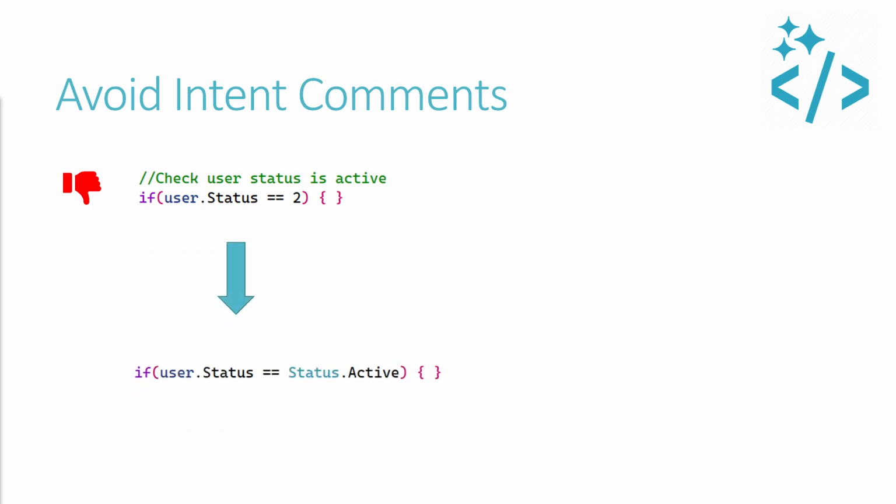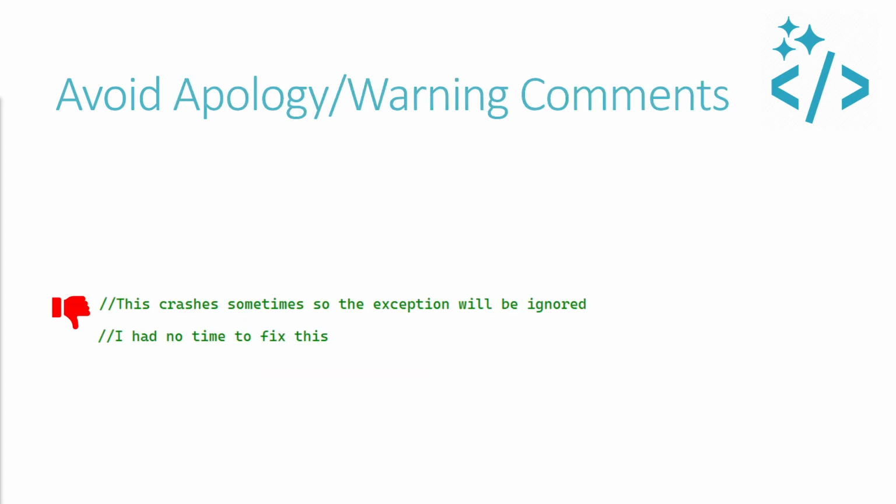Intent comments, so for example, here we have a comment which tells what this check is doing, so instead of this we should create here for this a status active enum, and this is more expressive than the first check. We should avoid apology or warning comments, something like this.